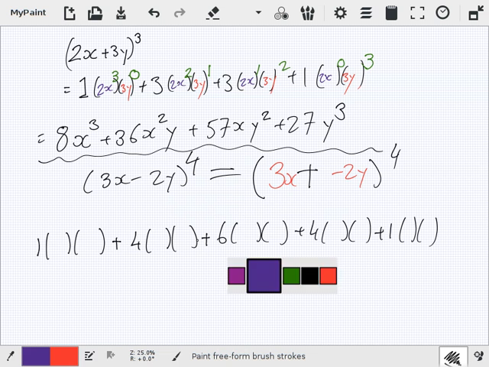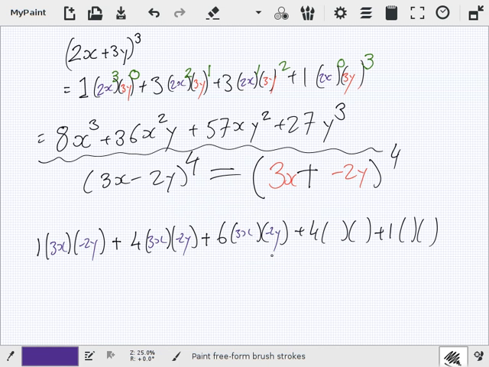So what goes in the brackets here: 3x and minus 2y, 3x minus 2y, 3x minus 2y, 3x minus 2y. The signs will end up alternating, yeah. But don't do it that way. Did you start off by filling in the numbers and alternating the signs? No. Oh, good, okay. The signs will alternate.